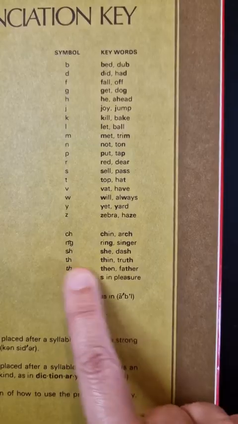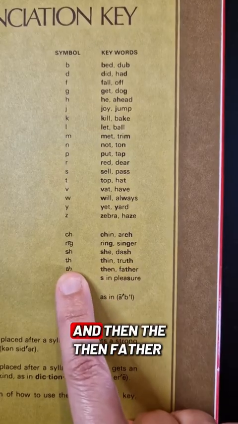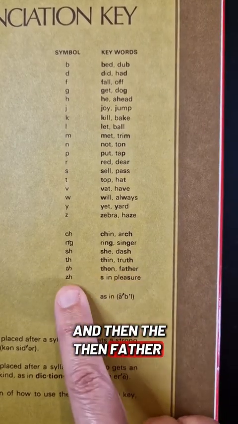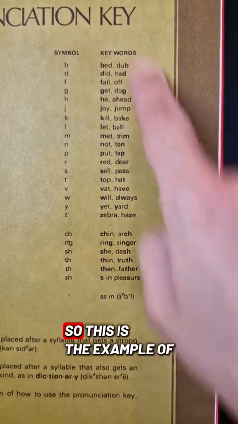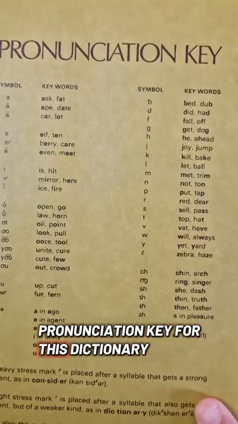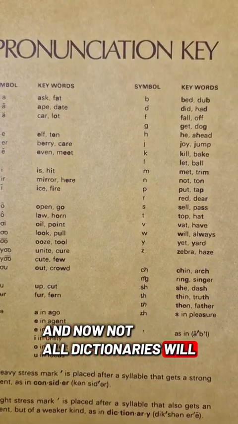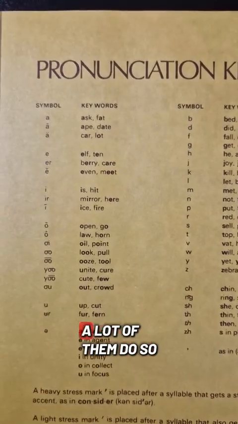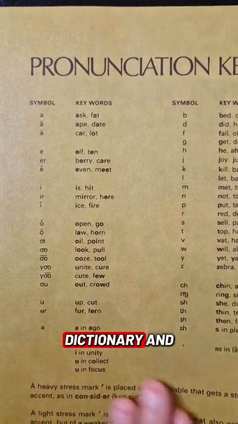That's sh, the th in thin, truth, and then the th in then, father, and then the s sound as in pleasure. So this is the example of the pronunciation key for this dictionary. And now, not all dictionaries will have the exact same pronunciation key. A lot of them do. So you just simply check your own dictionary and be sure.